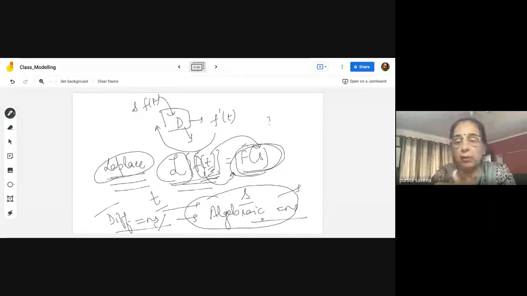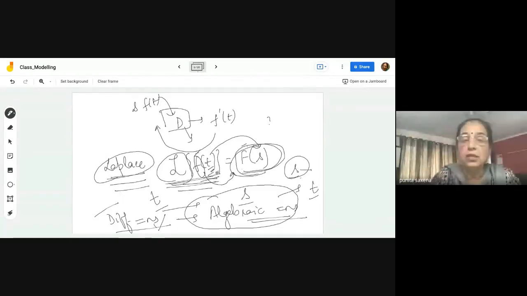We can solve this algebraic equation, and once you solve it, you get solutions in terms of s, which can later be converted into t, because we have this transform with us.